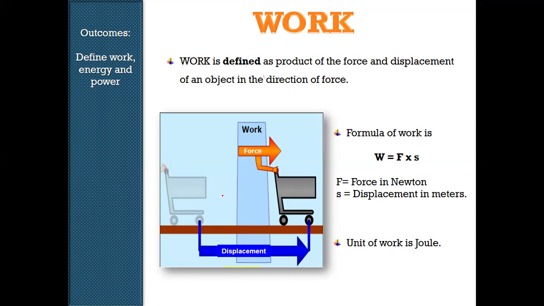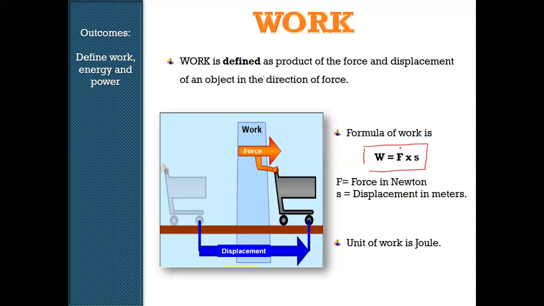Now, in this case, we can say we have applied a work on this trolley. Work is actually defined as the product of the force and the displacement of an object in the direction of the force. Now, if we want to calculate work mathematically, the formula that we use is denoted by W equals F multiplied by S.